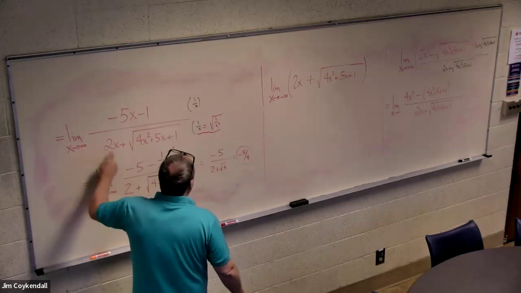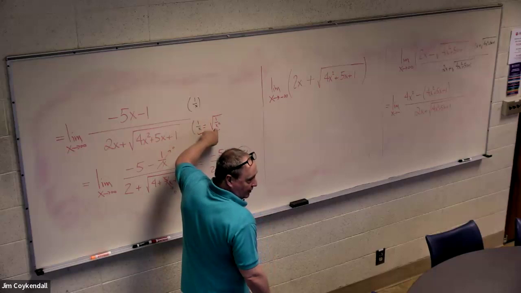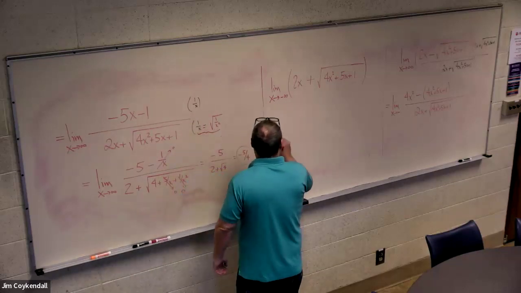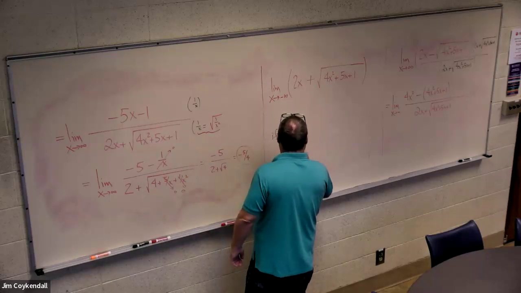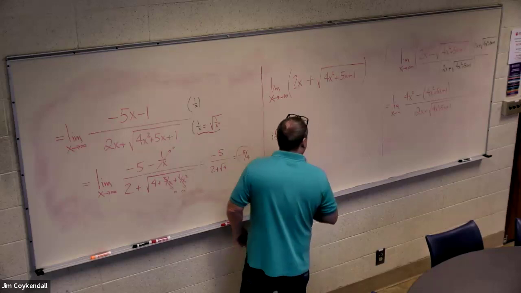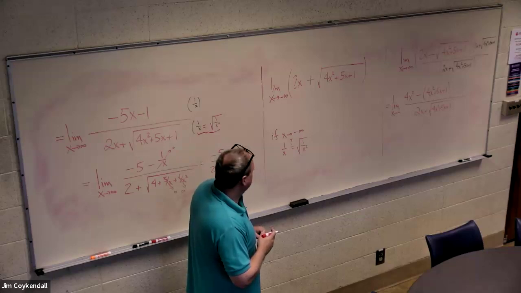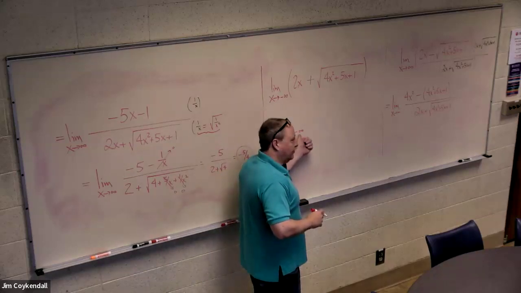When x goes to infinity, one over x is one over the square root of x squared, right? If x goes to negative infinity, is this true? It can't be. I'll tell you what. Let's get close to negative infinity, which makes x very, very large.